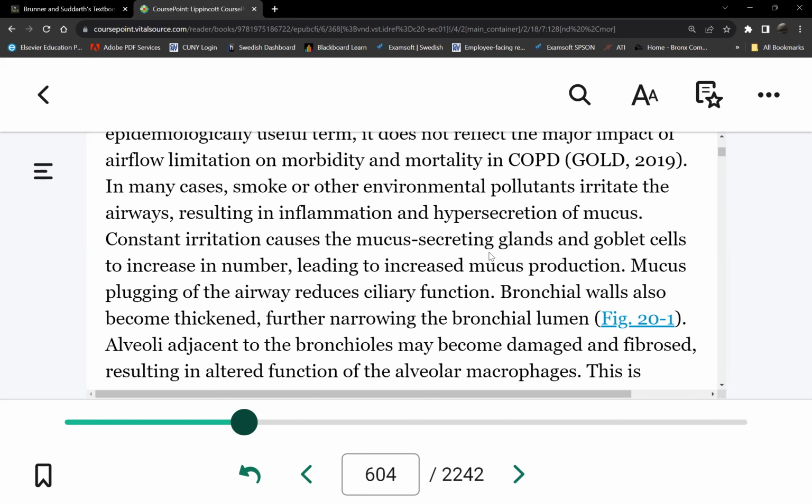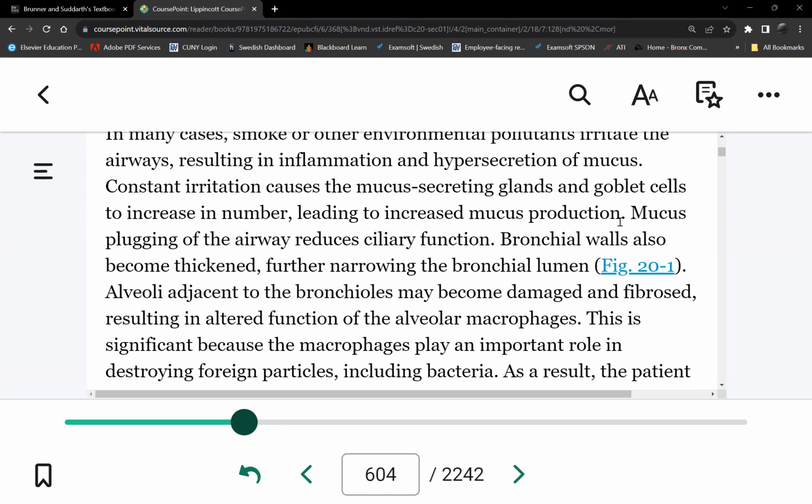So this is now responsible for the patient's manifestations. We'll get to that shortly. These are the effects of the smoking, or again, whatever pollutants this patient is exposed to. Multiply that by several months, years, or decades. This is what happens. We cannot stop the increased mucus production.